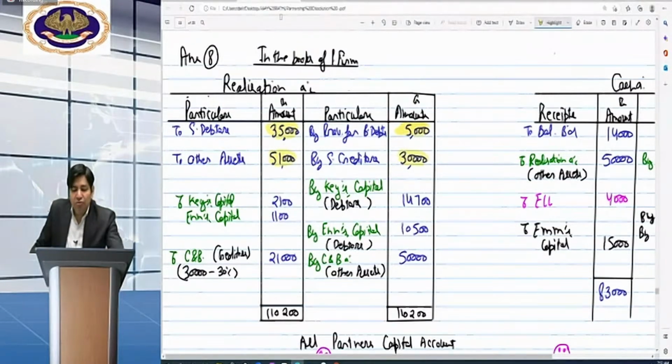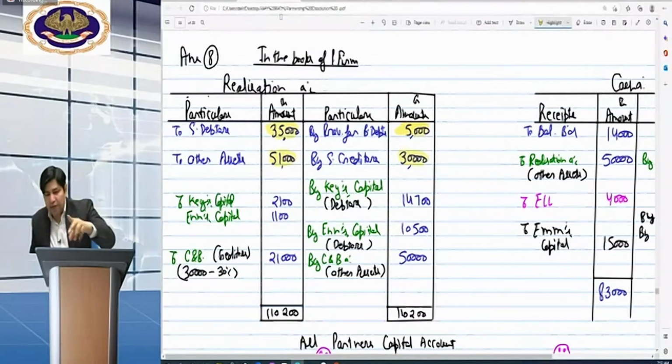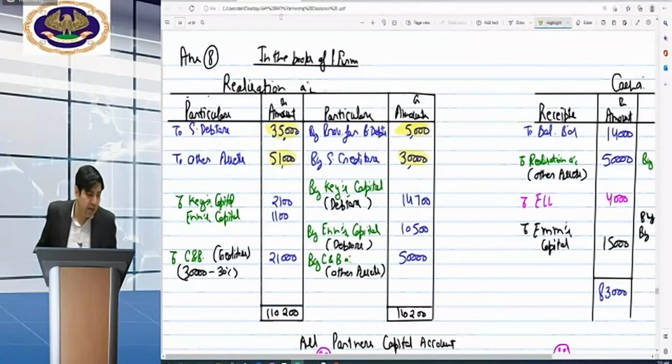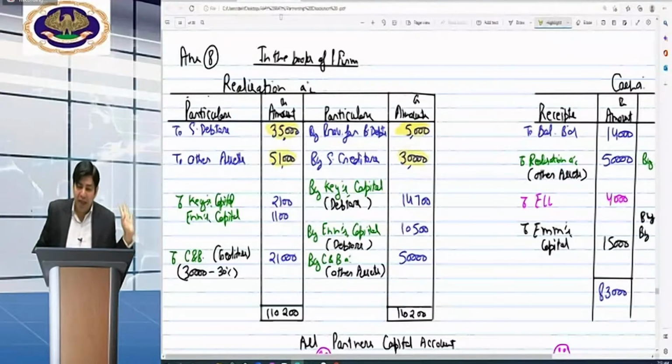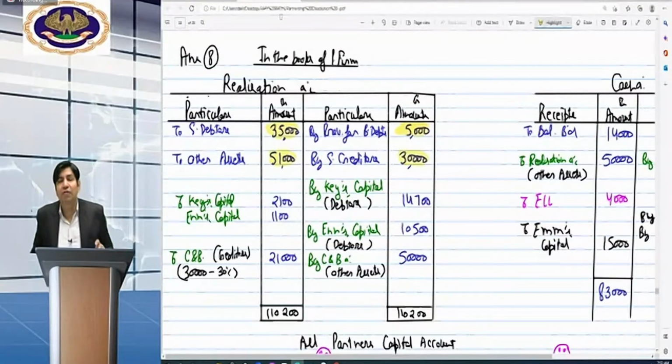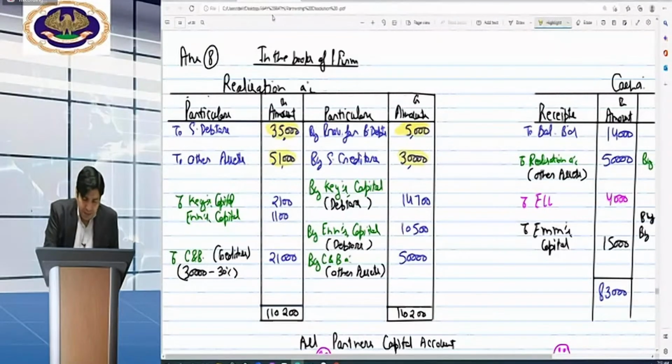Please write down step number 1. Everyone, I am waiting for your answer. Is there anything to discuss in this regard? You have shifted the book values. Please write down fast.